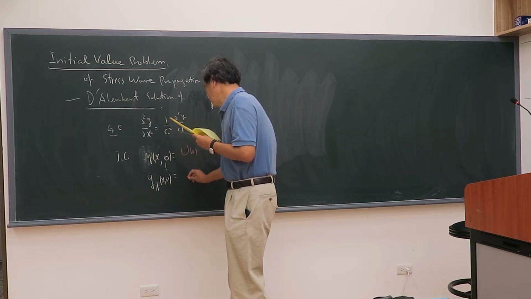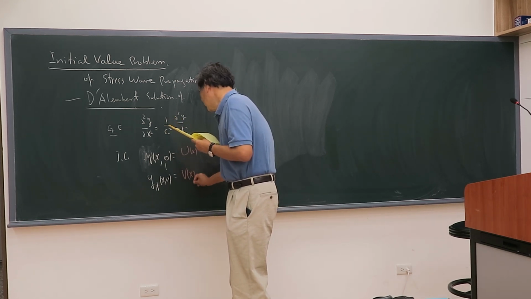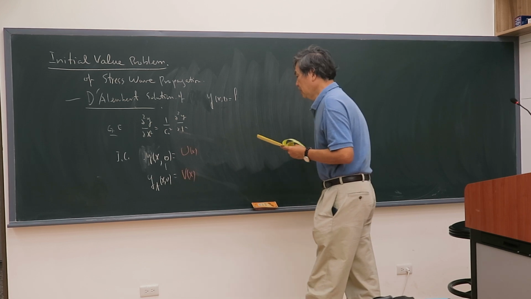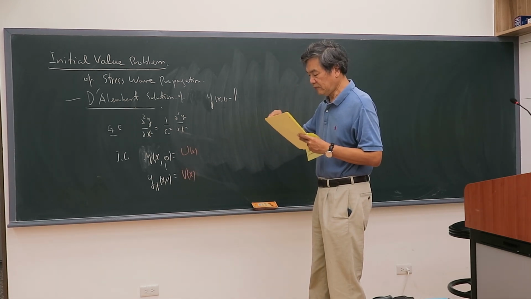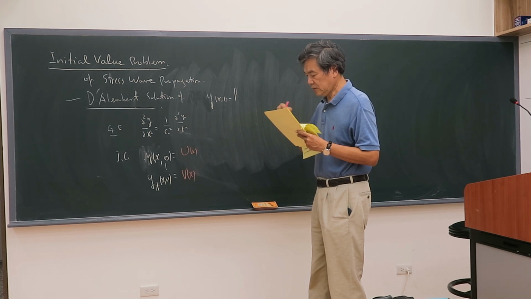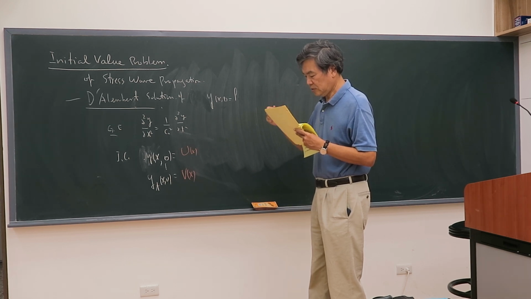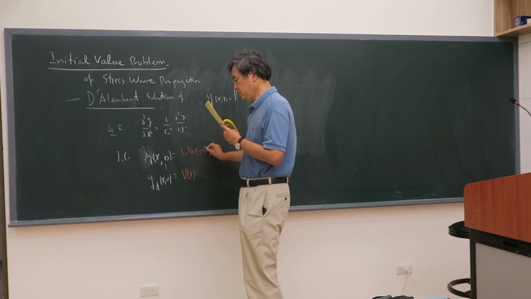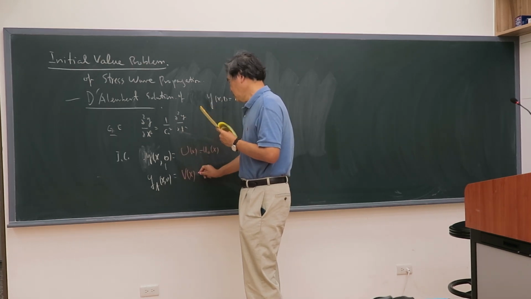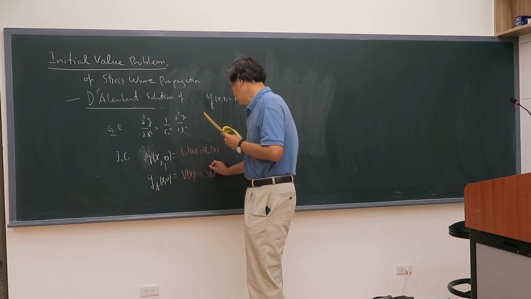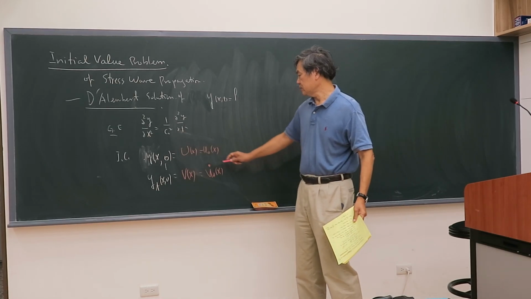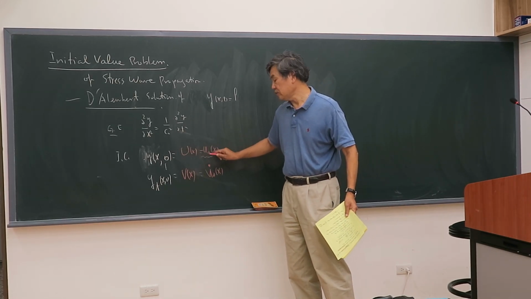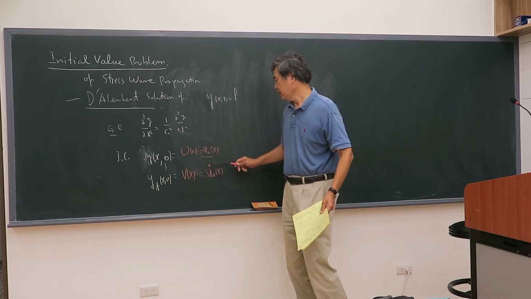Initial velocity we call v x. Okay, this is initial. And in my later notes, we also have expression as traditional, is u0 x and u0 dot x. Okay, so there's a function of x. I will use u0.